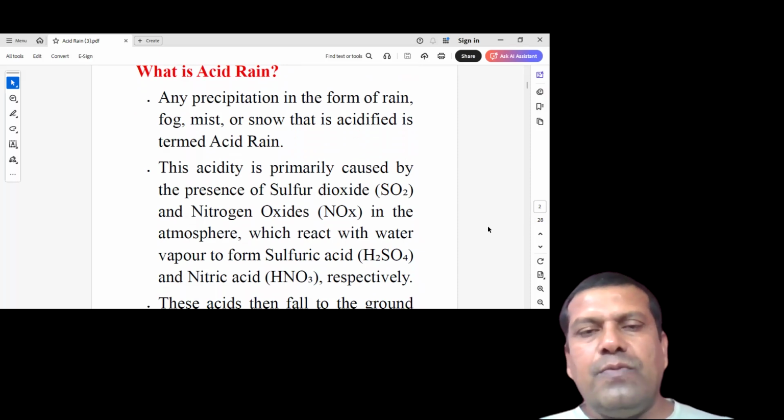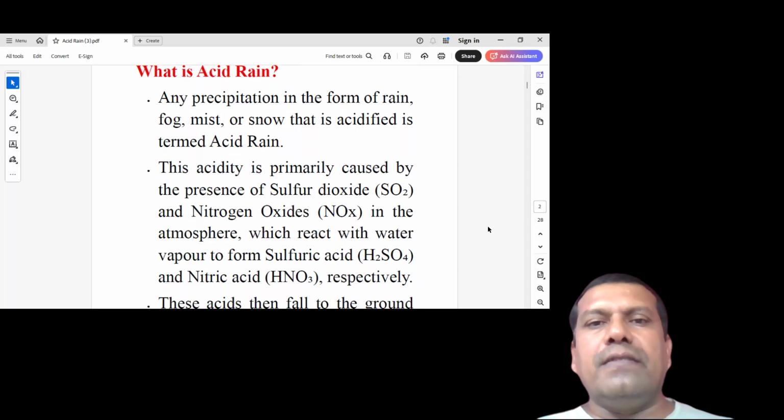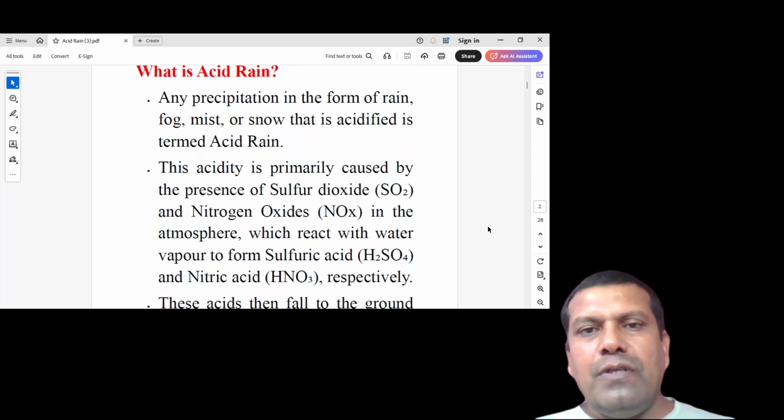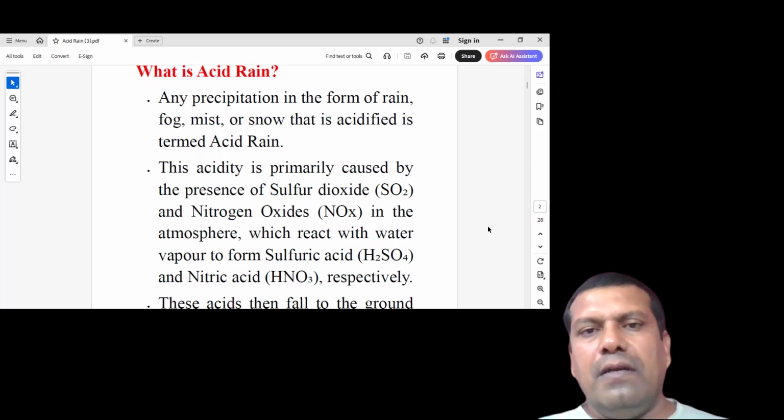With this moisture, whatever compounds we have discussed, like sulfur dioxide and nitrogen oxides, that is, nitrogen dioxide and nitrous oxide. These compounds are released from various emissions by industries or factories.